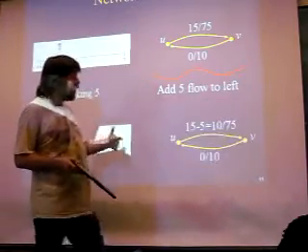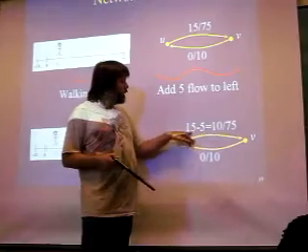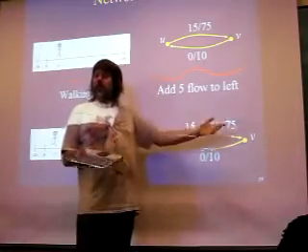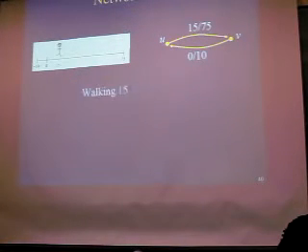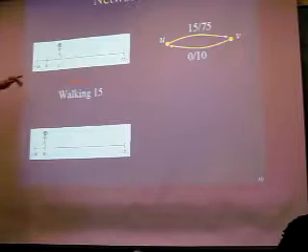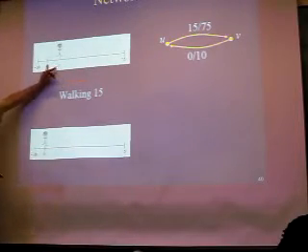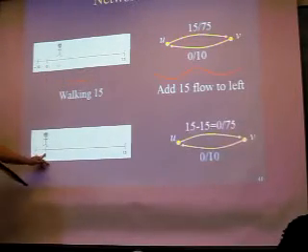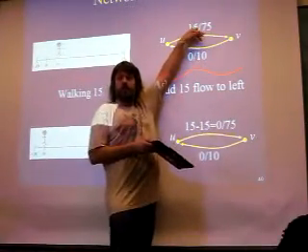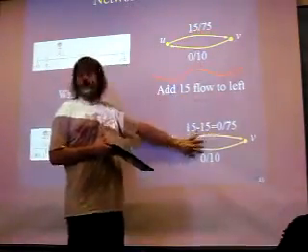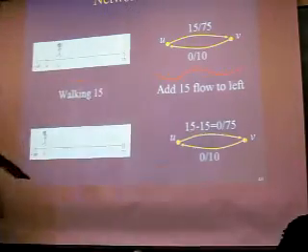So they kind of cancel out to giving you only 10 going this way. Everybody kind of get that? It's pretty straightforward. All right, so if we walk 15 this way, that brings us down to 0. Similarly, if we push 15 flow this way, it's kind of undoing that flow of 15, bringing it down to a flow of 0.